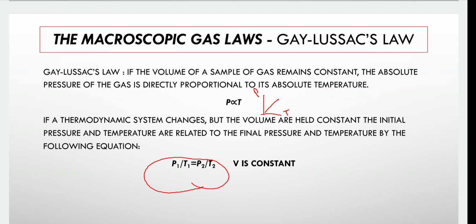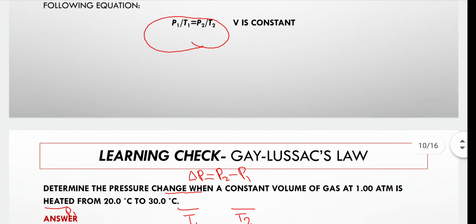So I have three laws right now: Boyle, Charles, and Gay-Lussac. All three of them speak about gases. You fix only one quantity, and the other two change. The only one that is inversely proportional is Boyle's, between pressure and volume. Charles's law is between temperature and volume, and the third one is pressure with temperature.